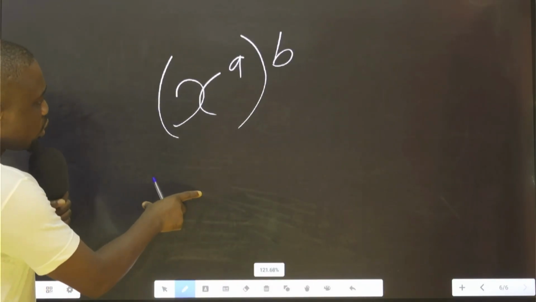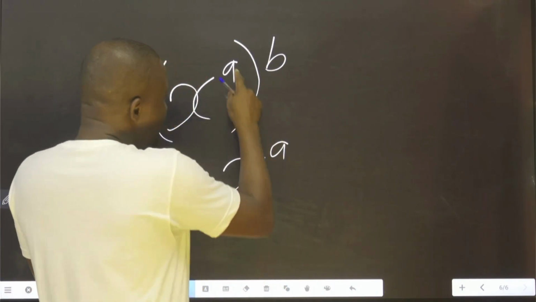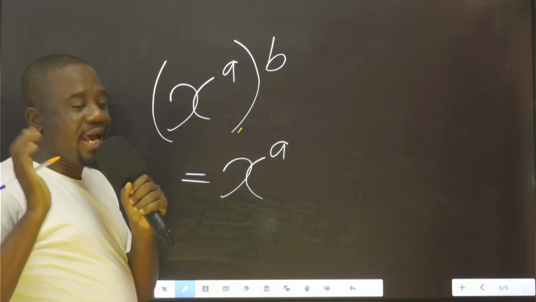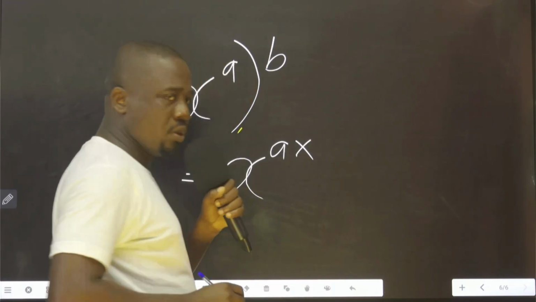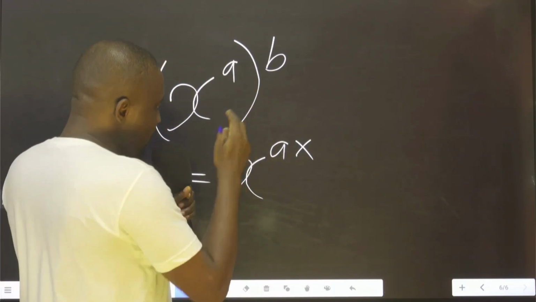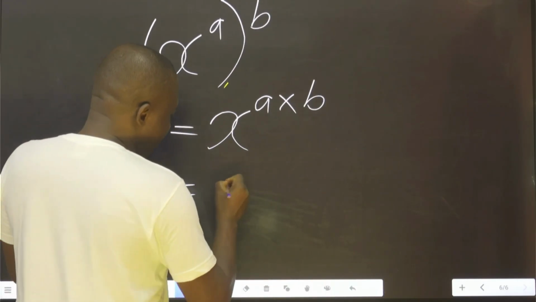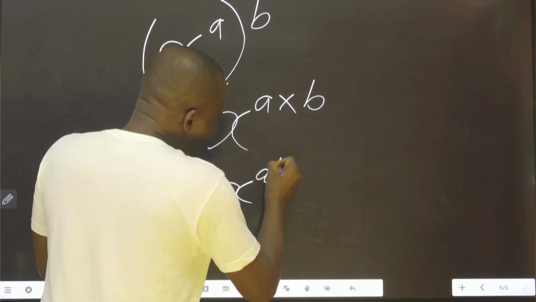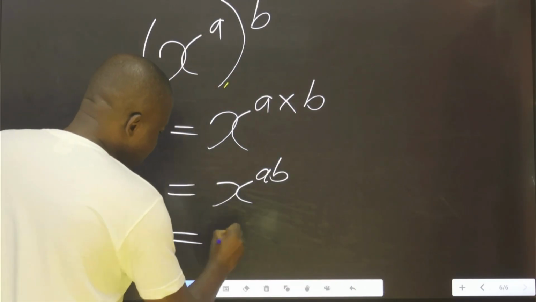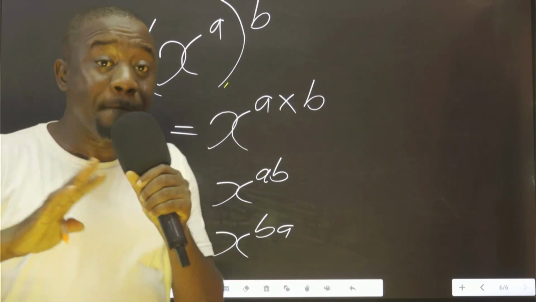This simply means x raised to a, because this bracket wants to disappear, I introduce what can stand in its place, which is multiplication. Then I put b here. Therefore, this is equal to x raised to power ab. You can also express it as ba. Whichever you write first does not matter.